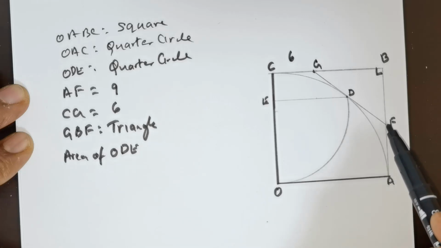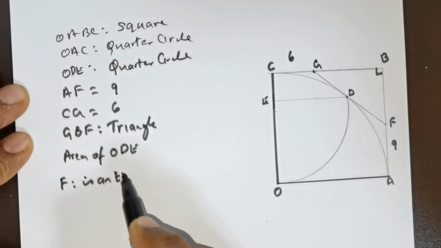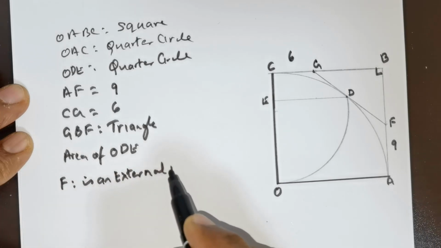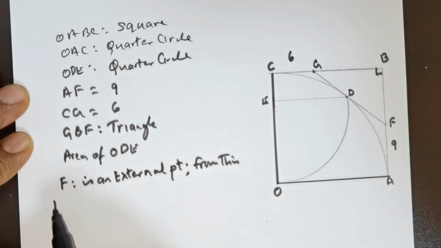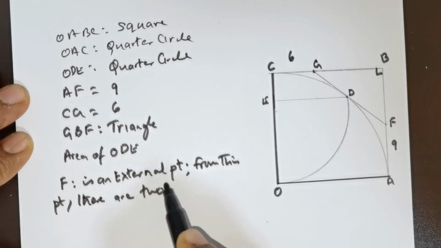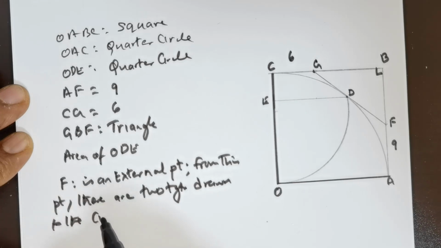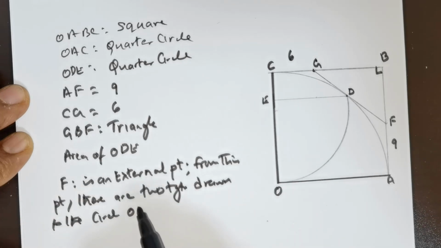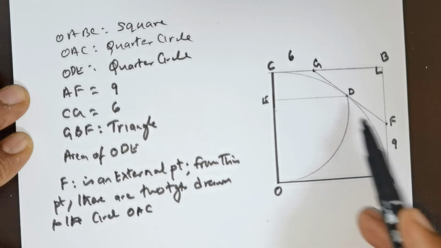Now F is an external point, and from this point there are two tangents drawn to the quarter circle OAC. Can you see that? From this point there are two tangents to the quarter circle.